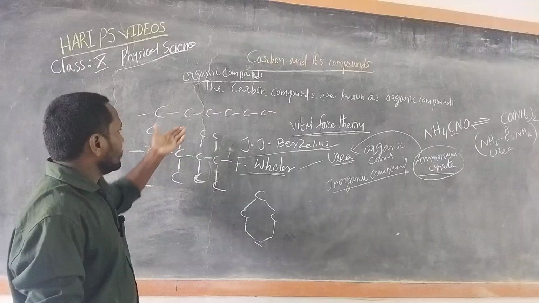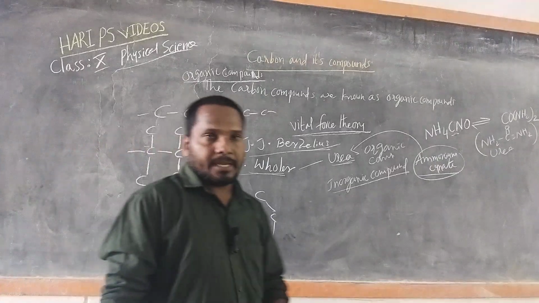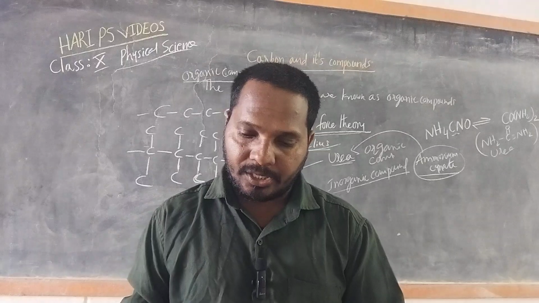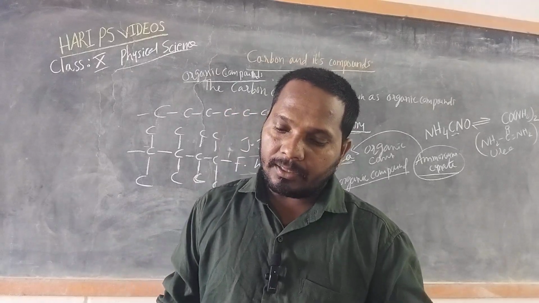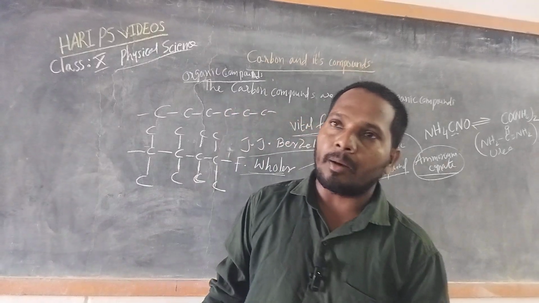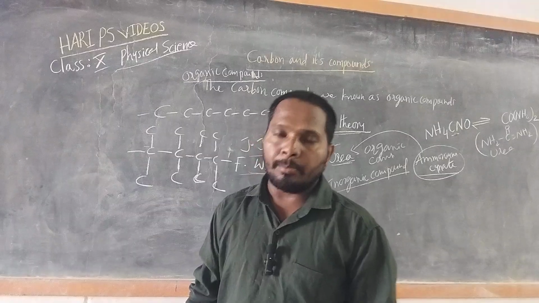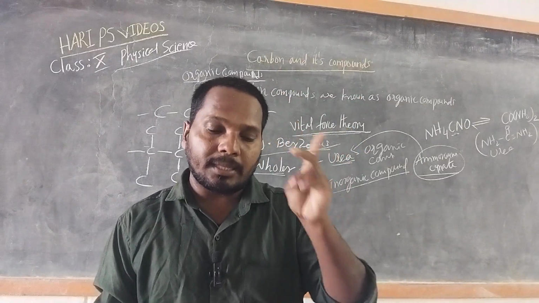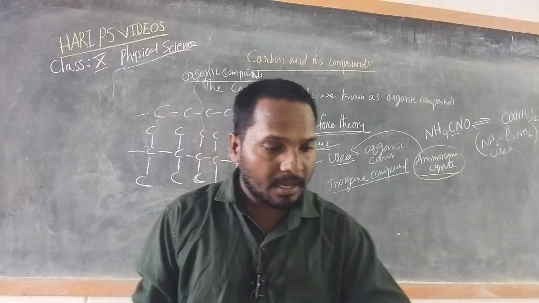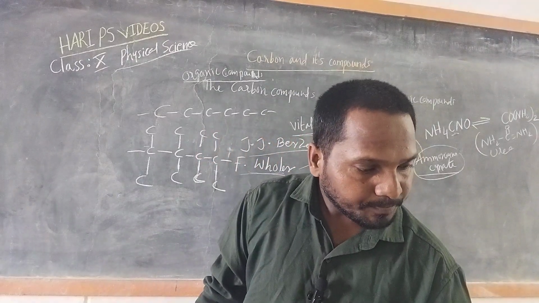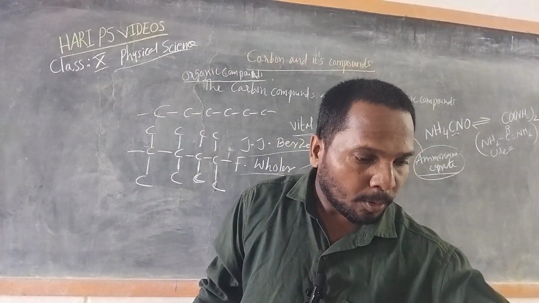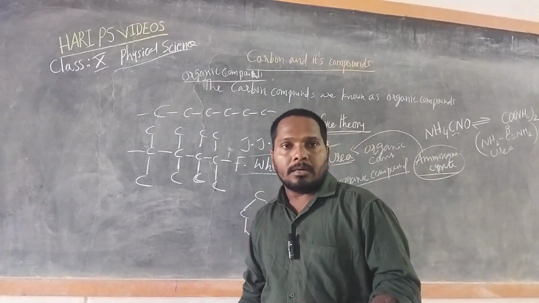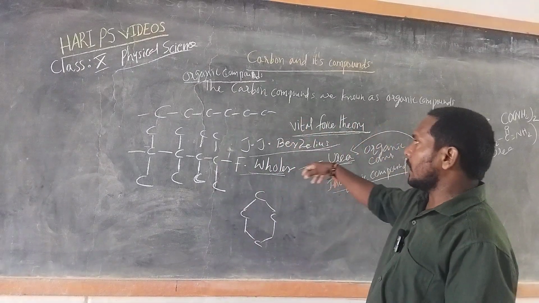Closed, branched, and long chain or open chain structures are all produced. Another reason for the existence of a large number of organic compounds formed by carbon is mainly catenation and tetravalency. So this is about carbon compounds and organic compounds.